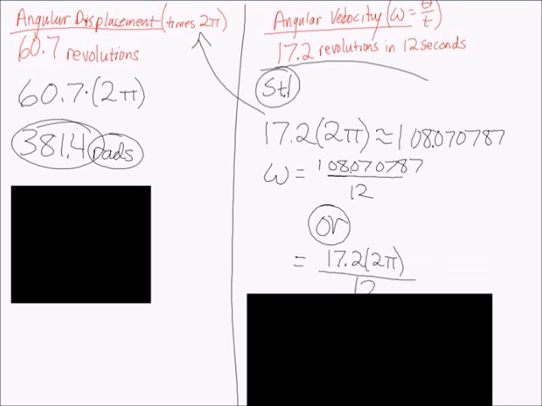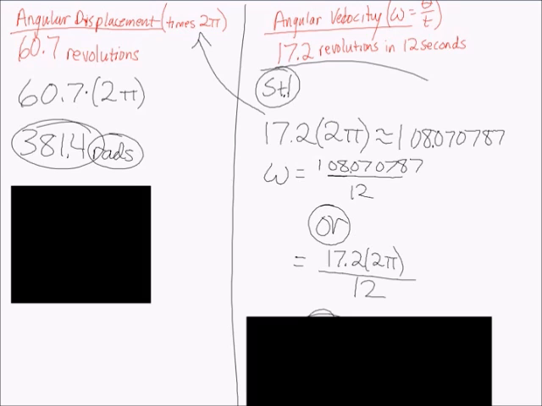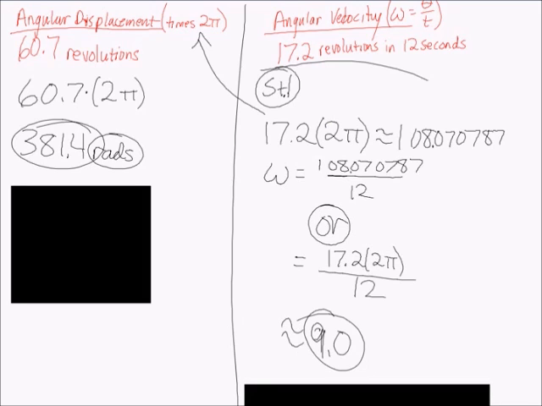Or you could do 17.2 times 2 pi over 12. So here's your radians right here, and it would be 9.0.